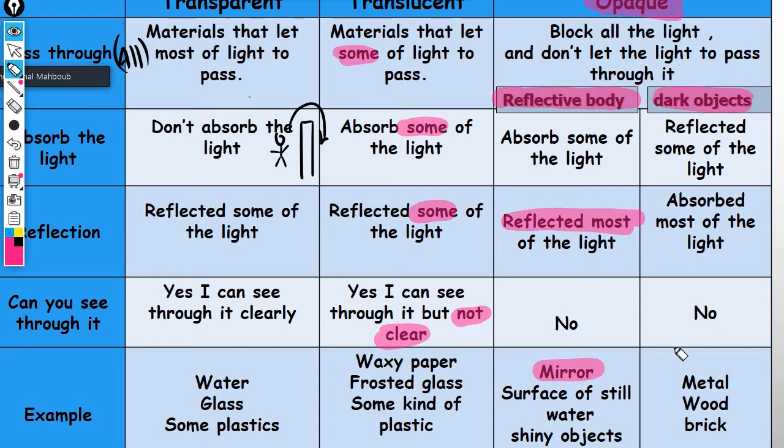But the dark objects absorb most of the light. The evidence for that is when you wear a black jacket in the winter and stand for an hour or more in the sunlight, you feel hot.